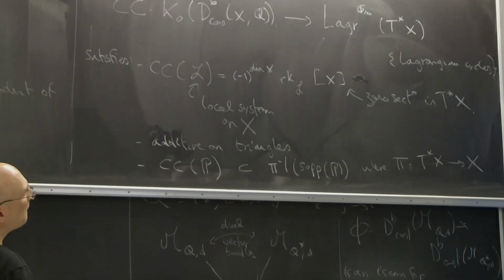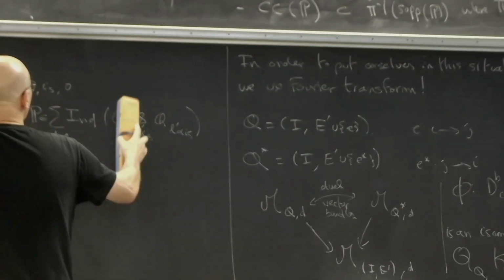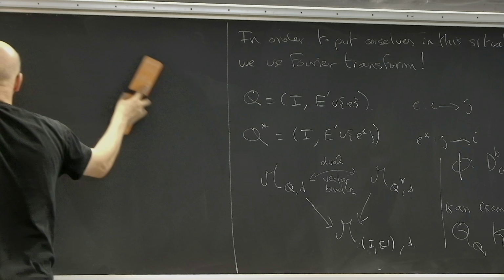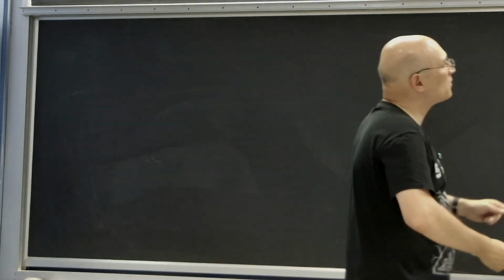Okay. So anyway, there is something like this with some nice functorial properties with respect to proper pushforward and smooth pullback.